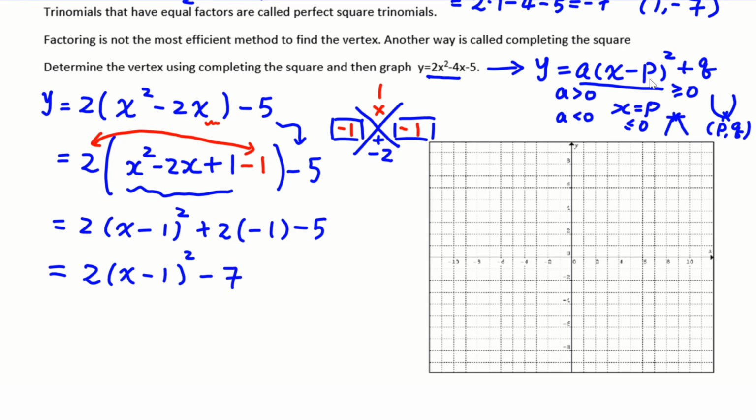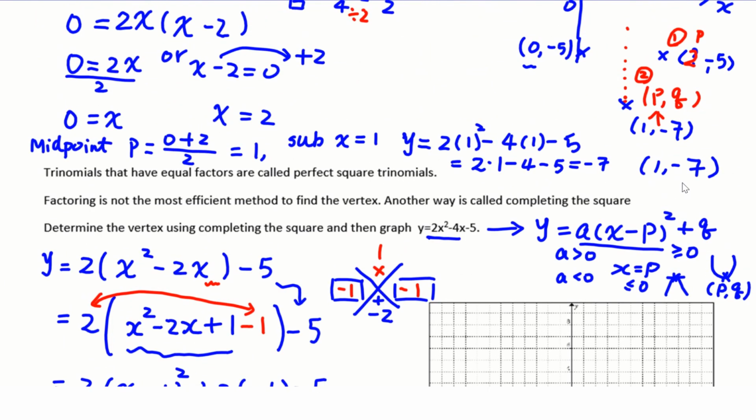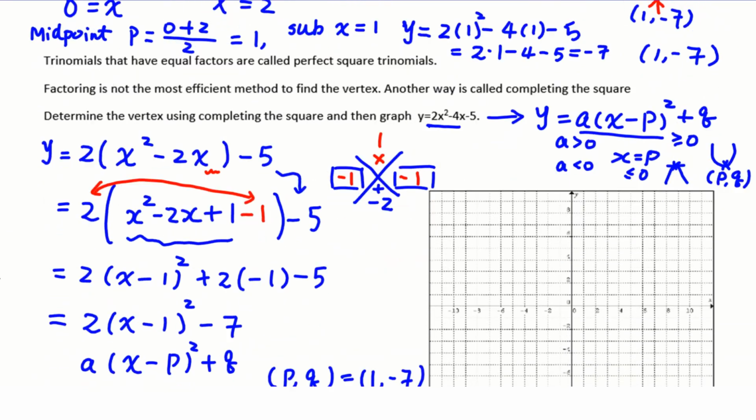Then compared to the vertex form, we have a bracket x minus p bracket squared plus q. Then you are going to have the p, q value, this is your vertex. So p is opposite to the number in the bracket, so -1, the p is +1. And the q is just the constant outside of this perfect square. It's -7. Then compared to our factor method, yes, the vertex is (1, -7).